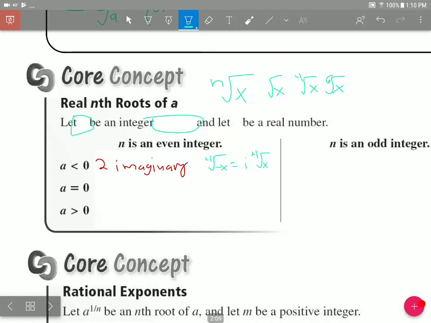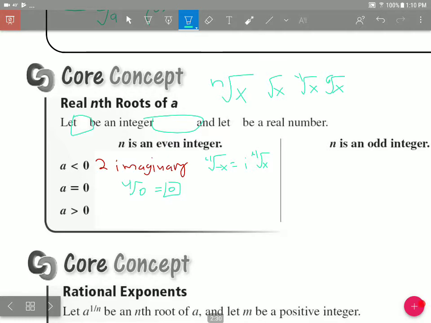If your x equals 0, like the fourth root of 0, that's just 0. I don't care what root it is. The fourth root, fifth root, sixth root, seventh root, eighth root of 0, it's 0. It's because 0 times 0 is 0, it's one of those you probably haven't thought about.